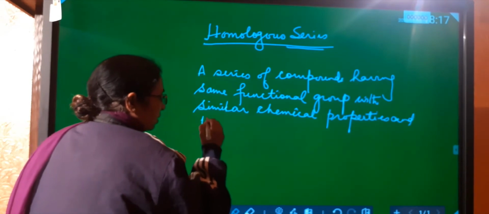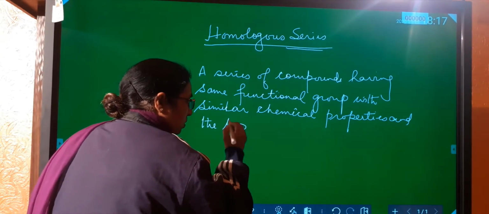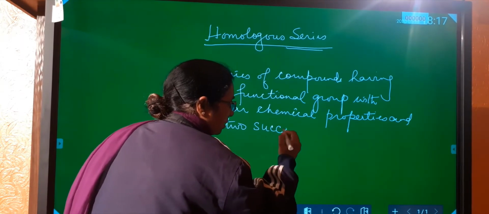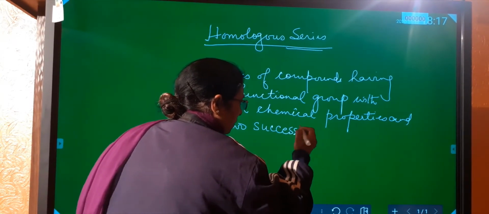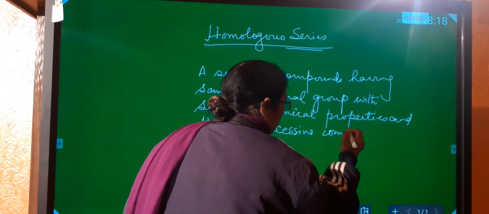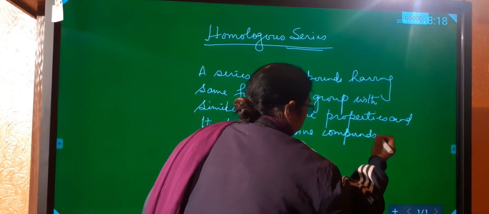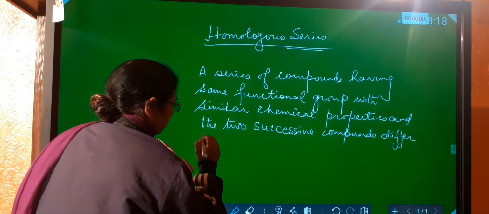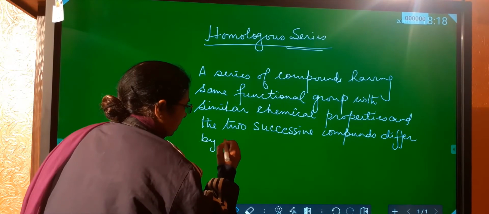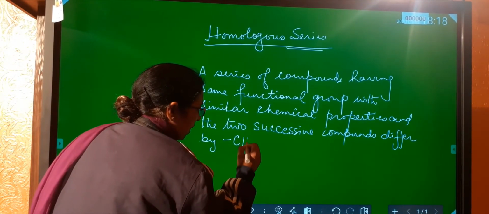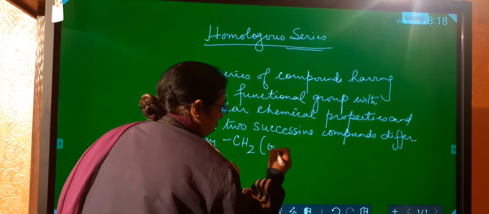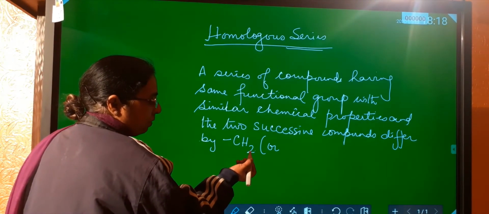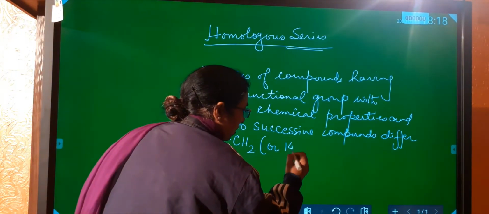Two successive compounds, meaning just after one comes the other, differ by CH2, or in mass, 12 plus 2, or 14 grams.